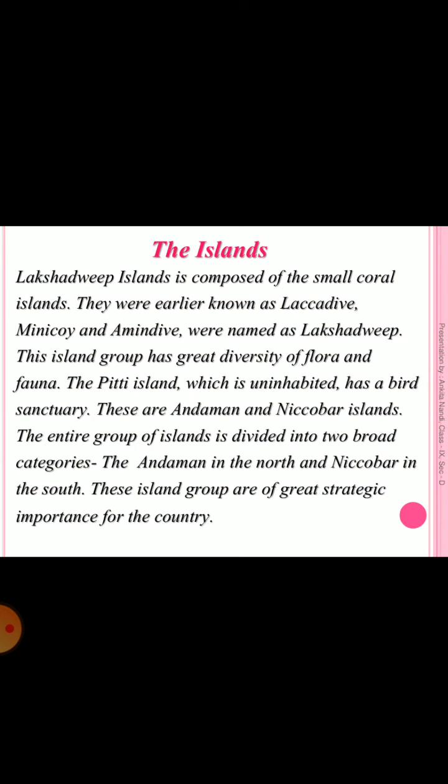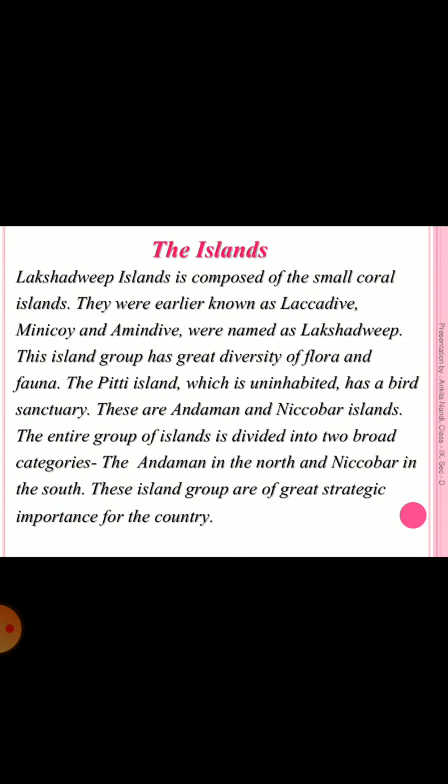Now talking about the Andaman and Nicobar Islands, the entire group of islands is divided into two broad categories, that is the Andaman in the north and Nicobar in the south. These island groups are of great strategic importance for the country. Because of the presence of the Nicobar Islands near the equator, this region experiences equatorial climate and has great forest cover, and it is rich in flora and fauna.